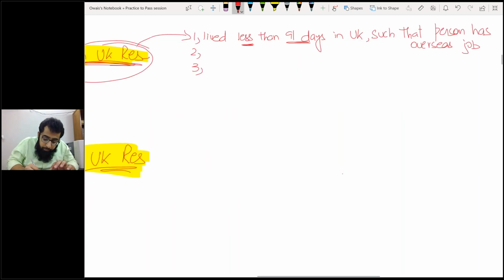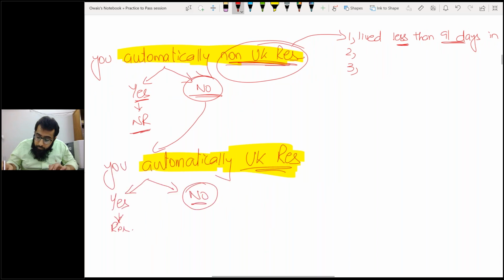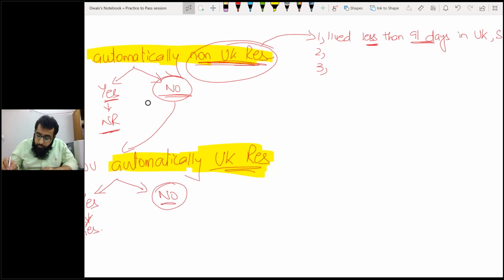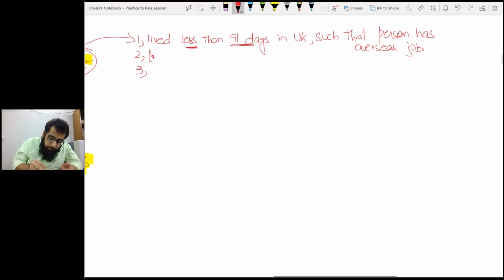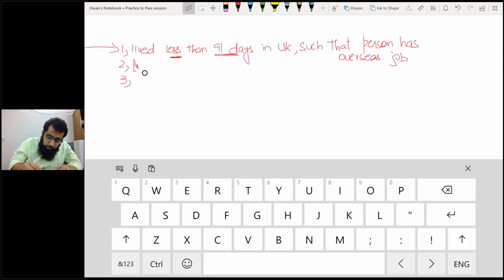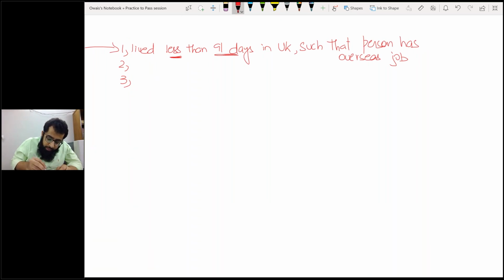Number two, lived less than 46 days in UK, such that no overseas job.